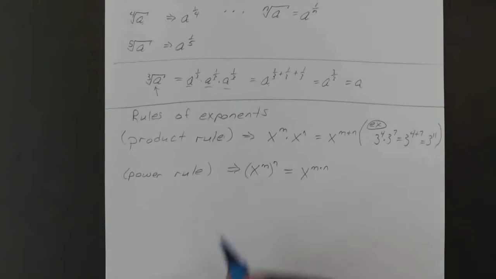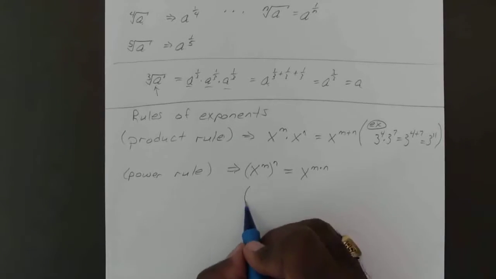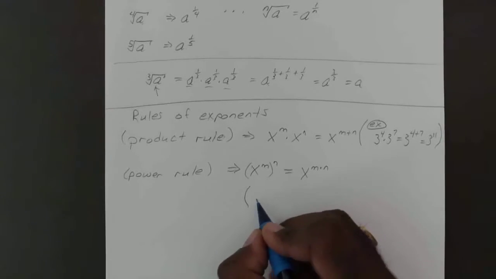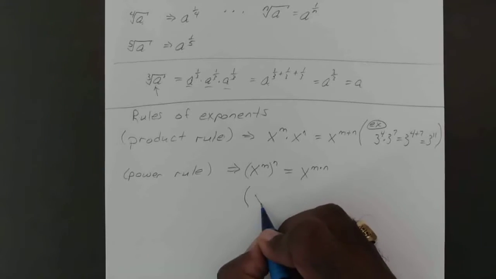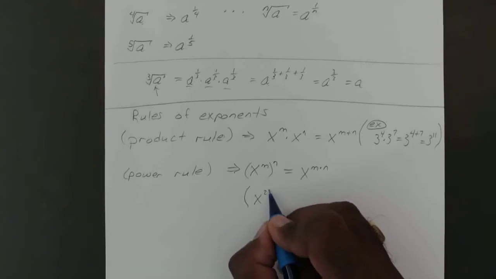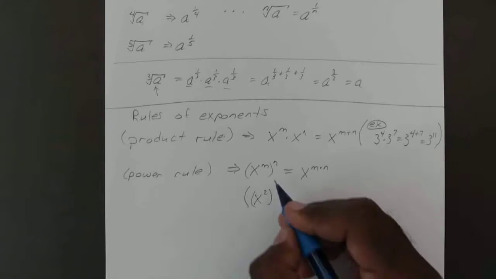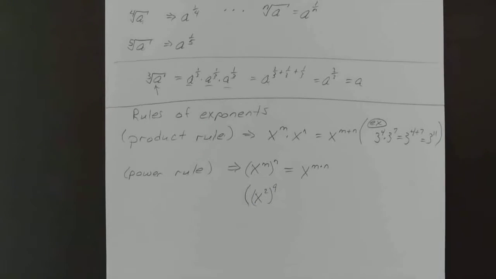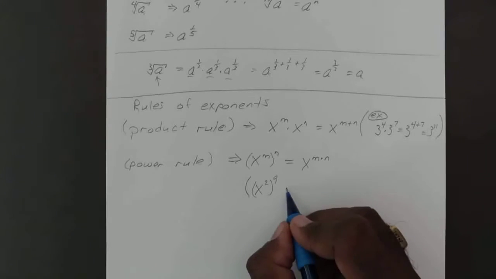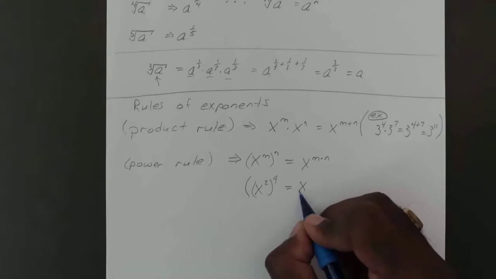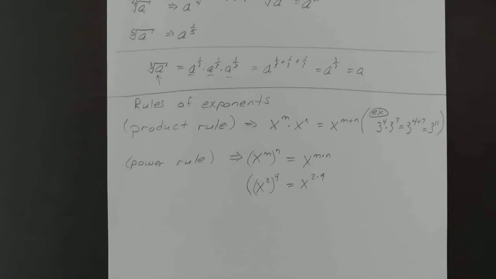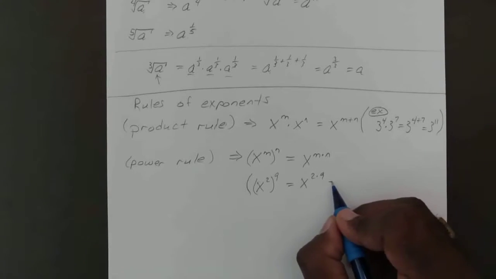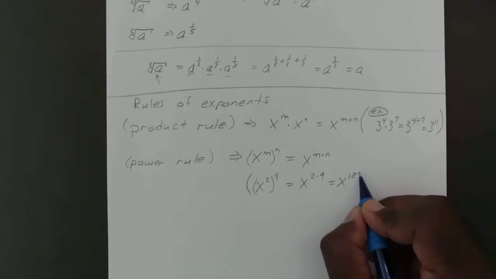Okay, so for the power rule, I'll put it underneath it. Let's say you have x squared, and you're going to raise that to the 9th power. Then that's just going to equal x to the 2 times 9, which is x to the 18th power.